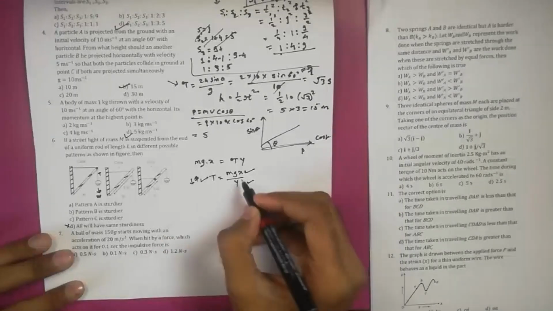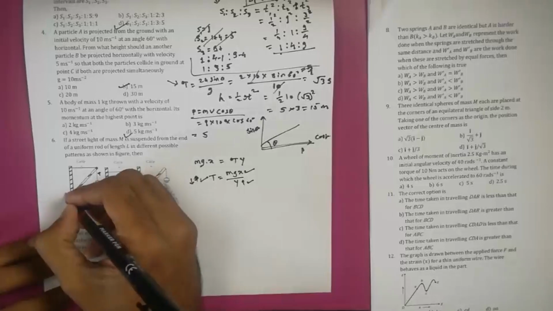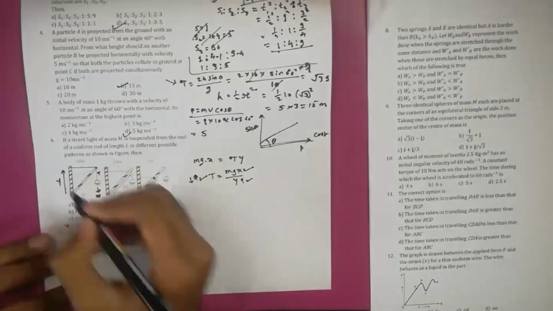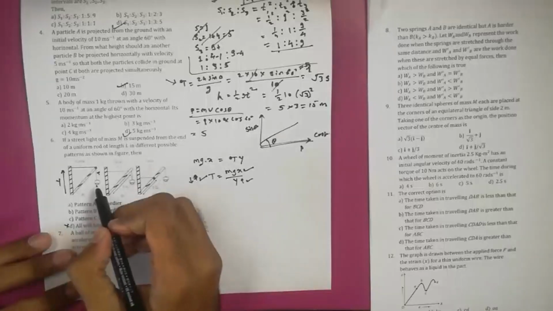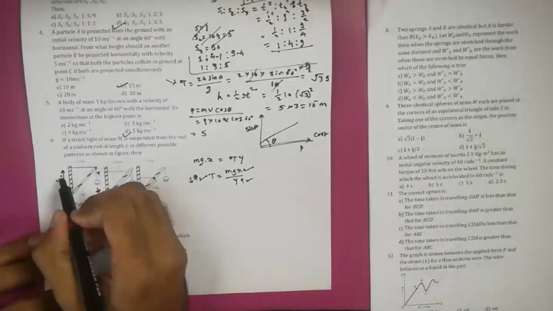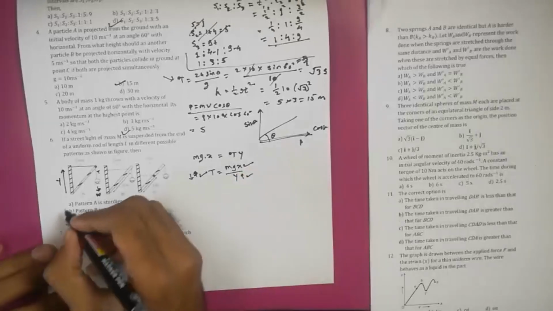This y should be large if the tension has to be low. That means low tension, high distances. So this first pattern looks kind of easy, where there will be no tension or the least amount of tension in the lamp.